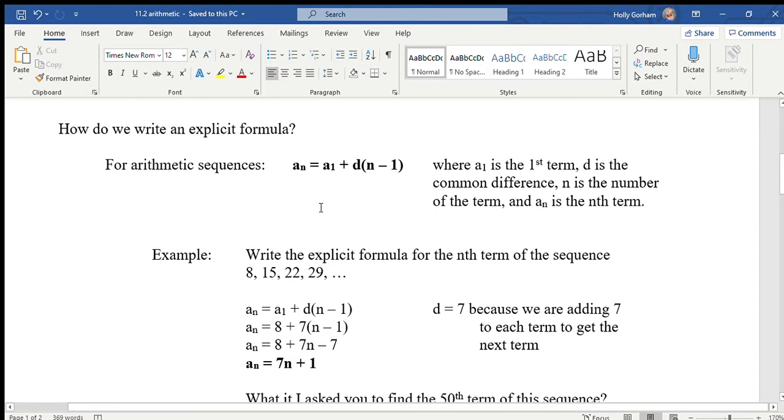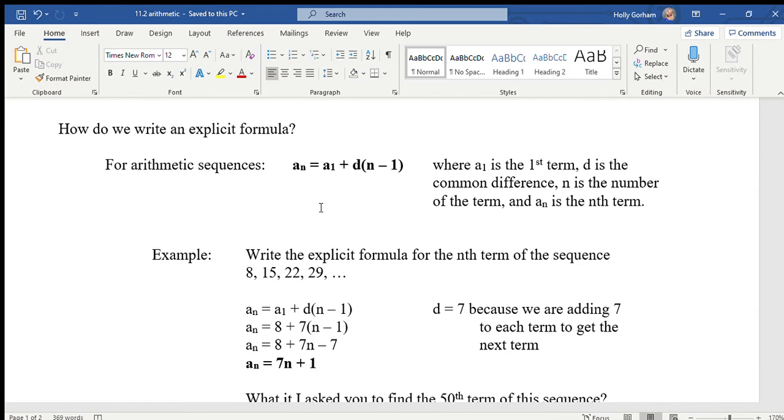It says a sub n equals a sub 1 plus d times n minus 1, where a sub 1 is the first term, d is the common difference, that's what you're adding, and then a sub n is the nth term. Writing an explicit formula means you leave it as a sub n equals, you fill in the numbers and you simplify it. So look at the next example and pay attention to how the answer is written.